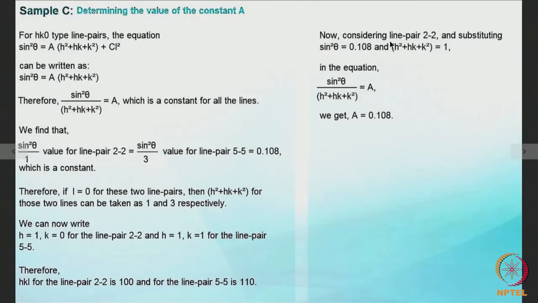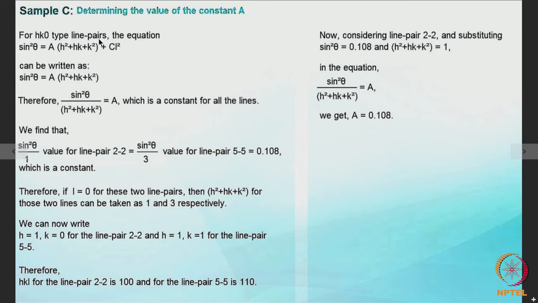Say for example, if there are some lines having the indices h, k, 0, that means l is equal to 0. So, there may or may not be some lines for which l is 0. These are hk0 type line pairs.